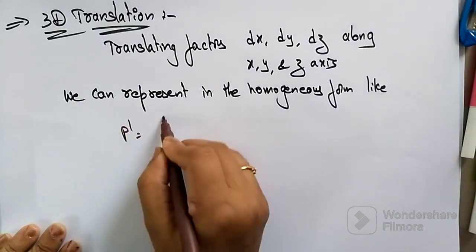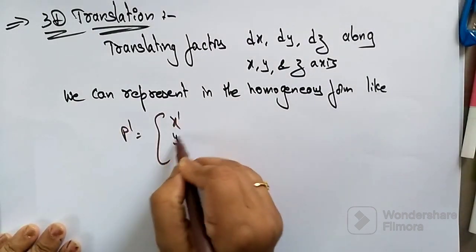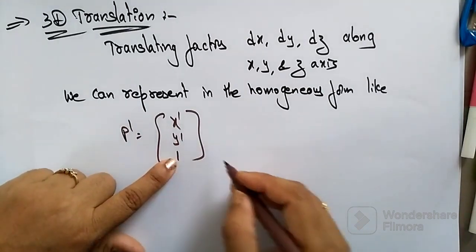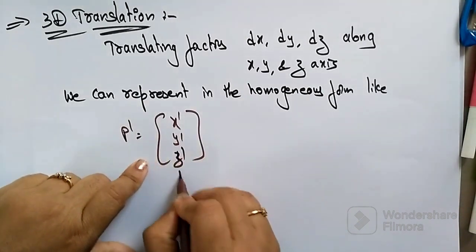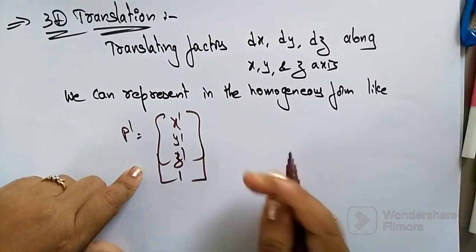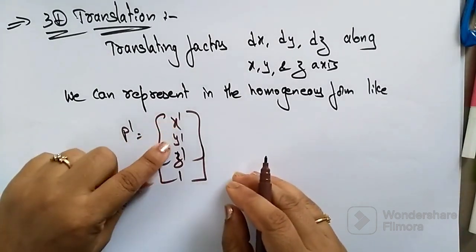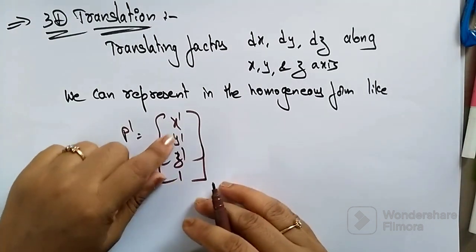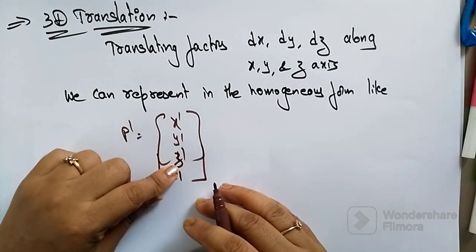P dash is equal to x dash, y dash, z dash, 1, because I am using homogeneous coordinates. This is 3D. If it is 2D, you just take x dash, y dash and 1. But if it is 3D translation, you have to take x, y, z coordinates.